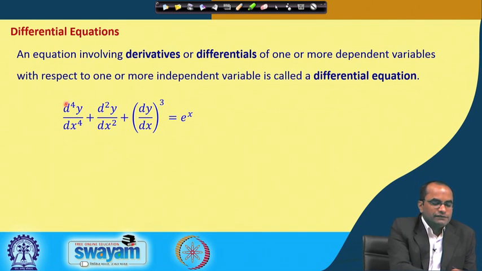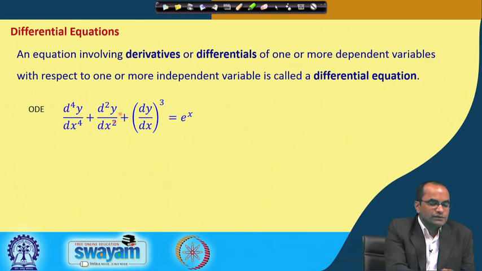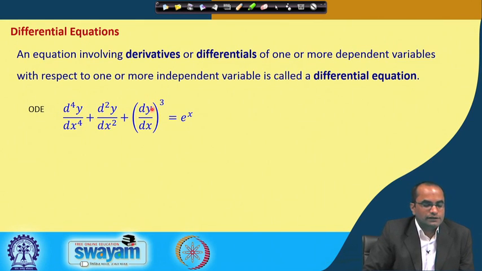We have these derivative terms in these equations, and therefore we call them differential equations. This is an ordinary differential equation because these derivatives are ordinary, meaning we have only one independent variable, x. In this case, y is a dependent variable on x.